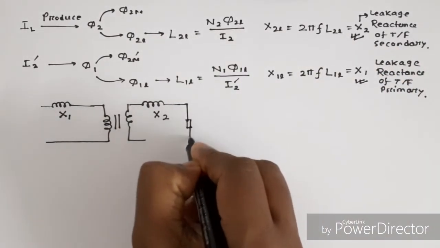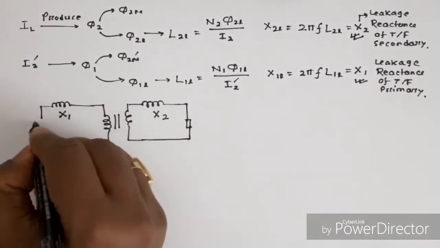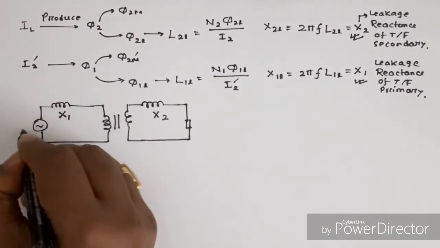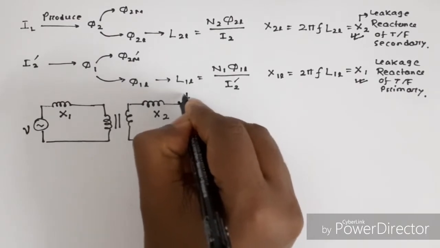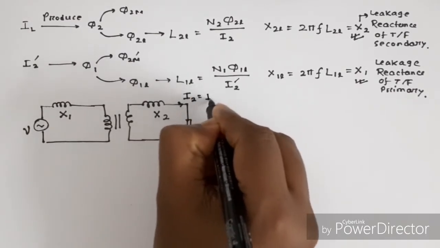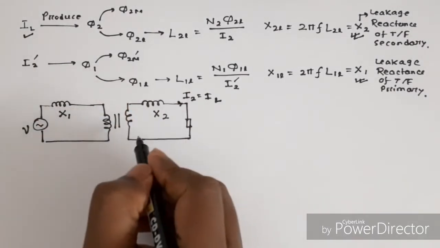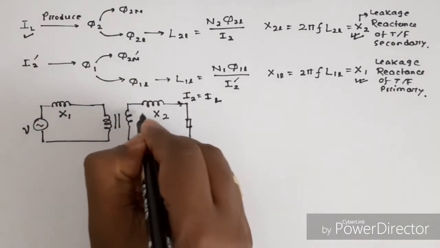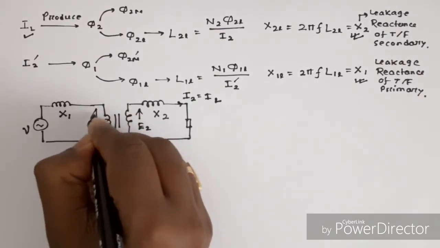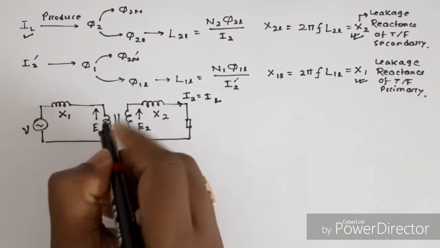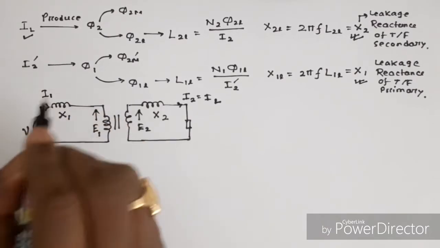Now the load is connected here and we apply an AC supply voltage V. This current I2 is equal to the load current IL. This is the secondary induced EMF E2. The primary induced EMF is E1 and the primary current is I1.